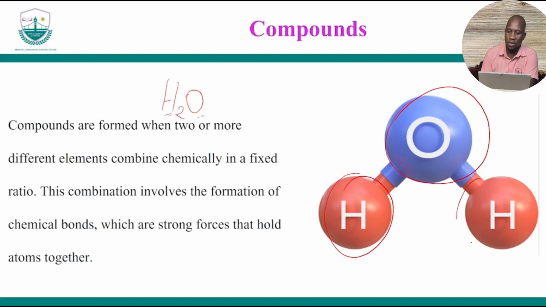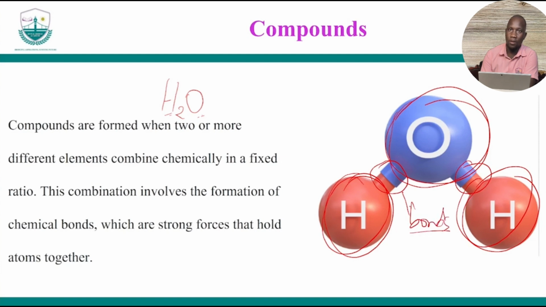Oxygen is a separate element, and hydrogen is also a separate element. They are connected through what we call bonds. These are bonds. And we emphasize that compounds combine at fixed ratios.